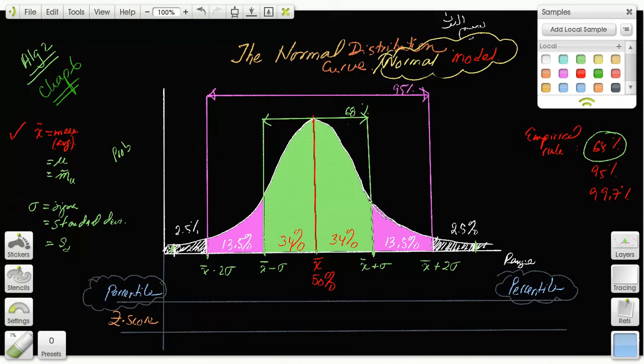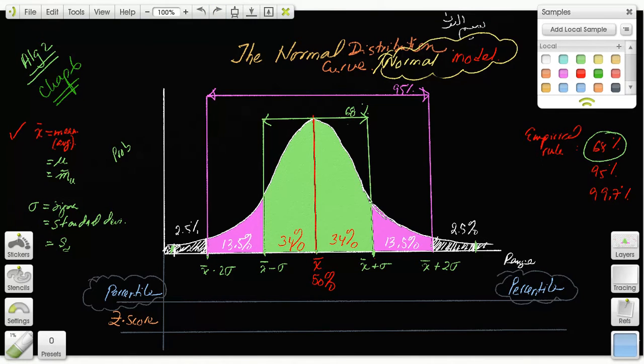Let's imagine that there was a little ant walking this way over here. By the time it reaches this marker, it would have captured 2.5% of the data, because 2.5% of the data is this way.